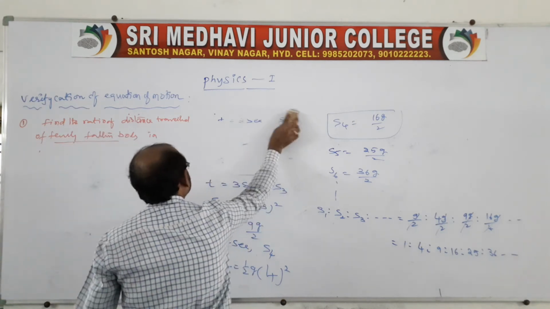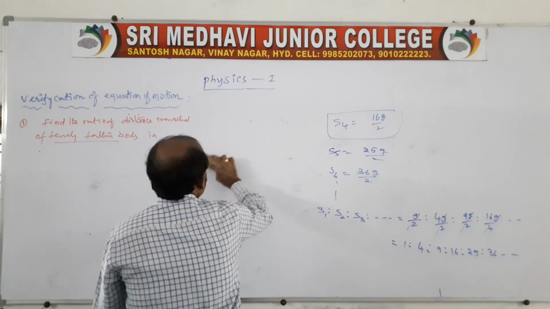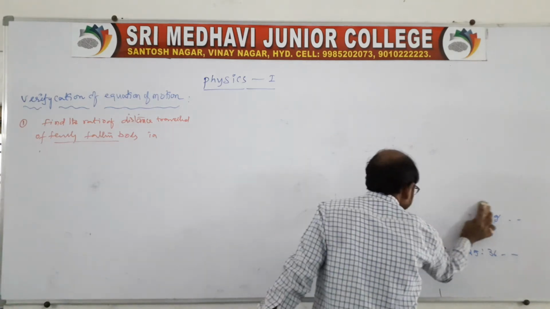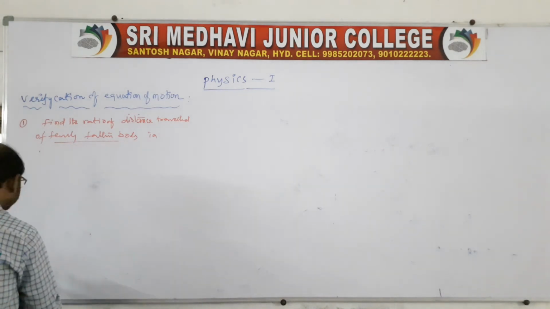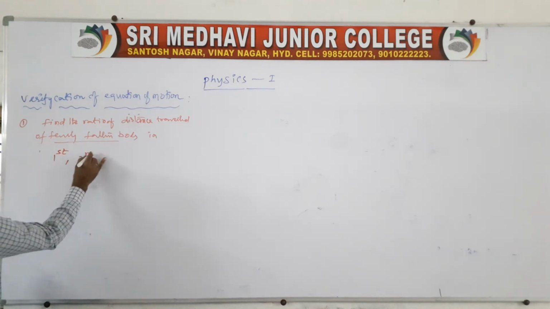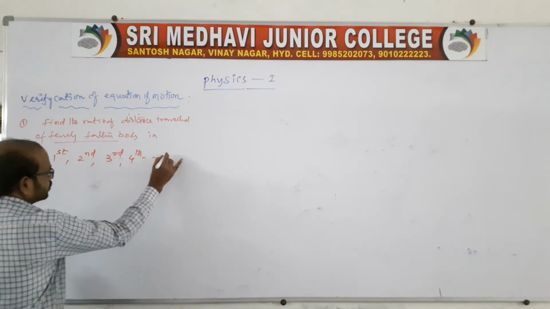So the ratio of distance travelled by a freely falling body in successive seconds, that is first second, second second, third second, fourth second, up to the nth second.